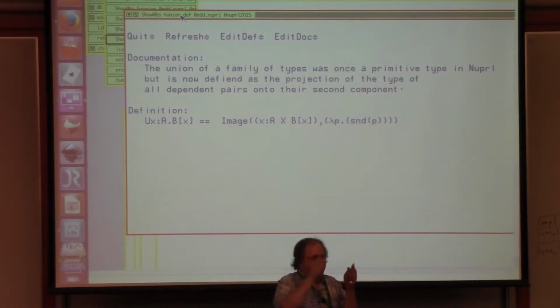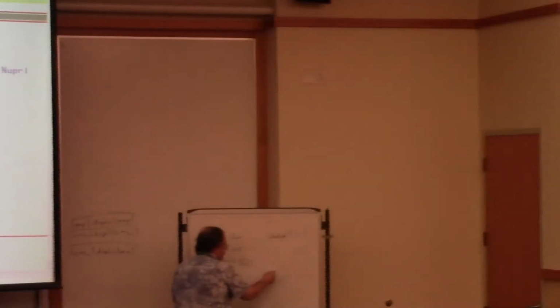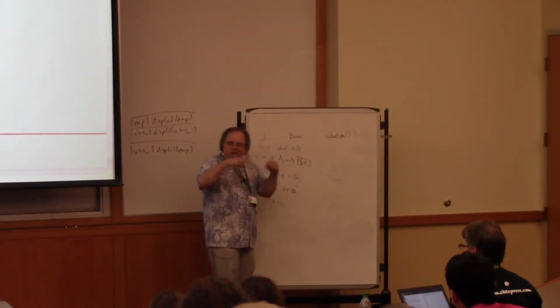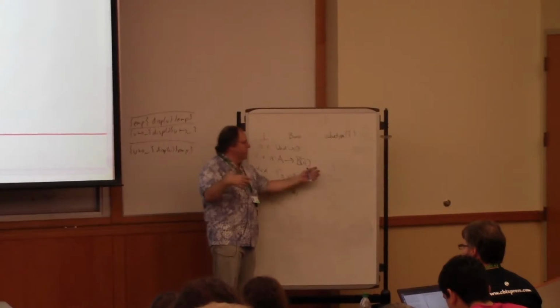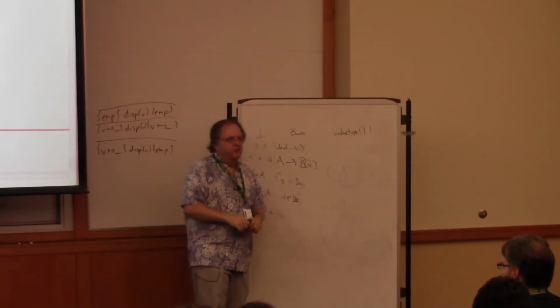That gets complicated because it doesn't mean they have to be equal in one of the components. If I'm unioning two types together, and this is equal to this over here in this type, and this one's equal to this over in this type, then this one has to be equal to this one in the union. So if you think of the types as partial equivalence relations on terms, the union is really, you union together all those partial equivalence relations, and then you take the transitive closure of all of that.